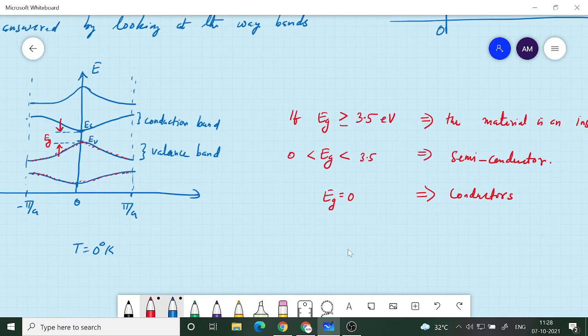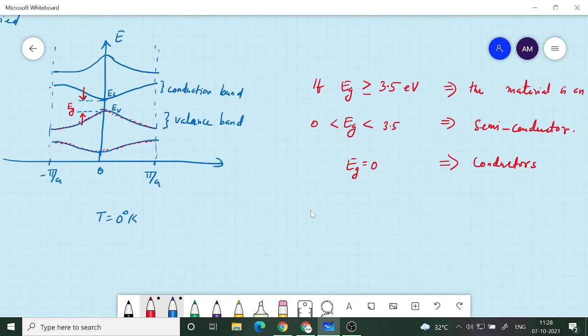And if EG is 0, this is not the only way you can have a conductor. The second way in which we can have a conductor is if a band is partially occupied. It is not necessary that all the states in the band are occupied; if it is only partially occupied, then also it is a conductor.